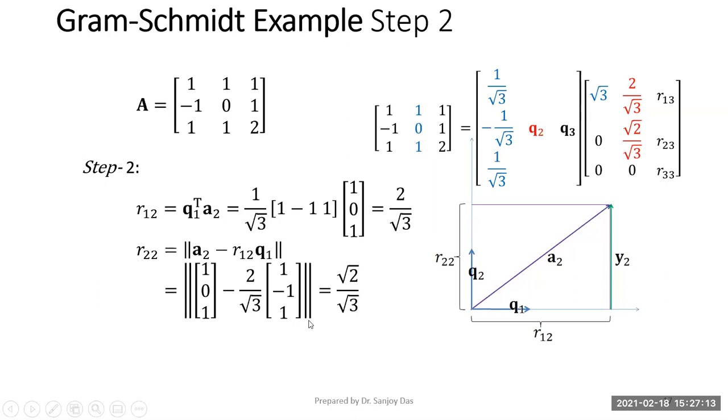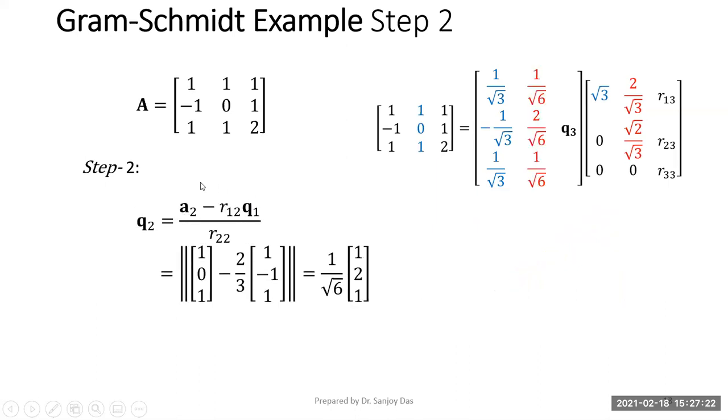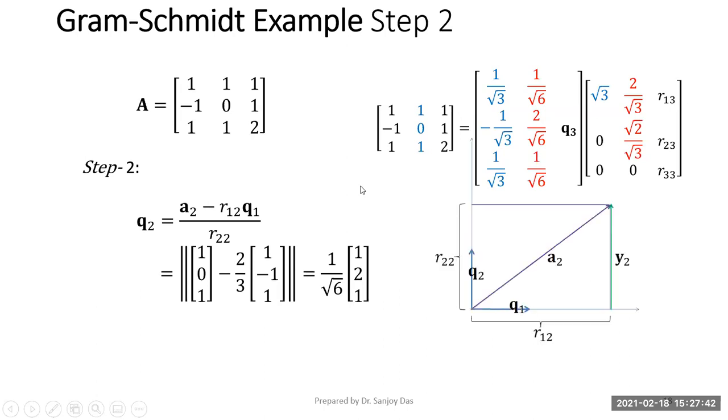I'll basically take this vector here and divide it by its L2 norm, which is R22. So Y2 divided by R22 gives me 1 over square root of 6 times (1, 2, 1). Okay, and then for this example, I'll have the third and last step, but now let's generalize.